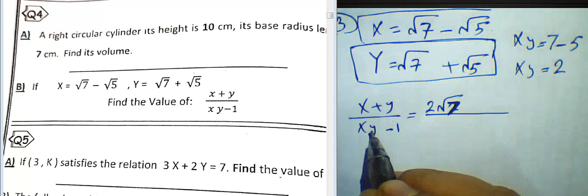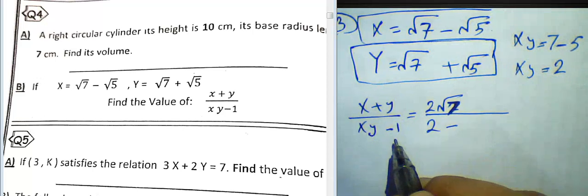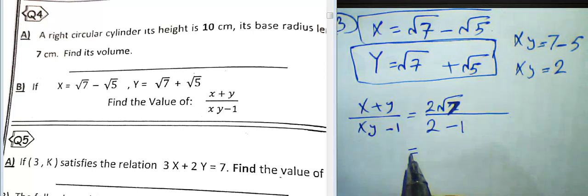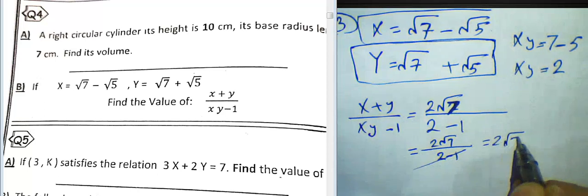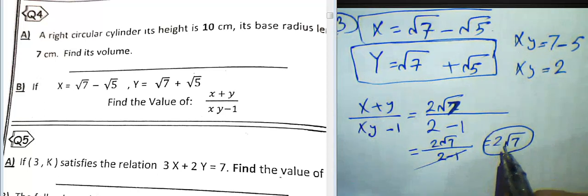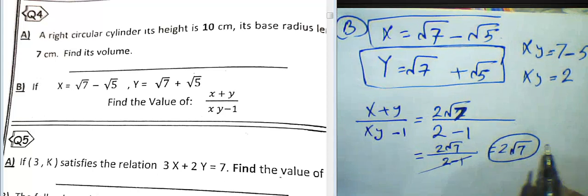So we can cancel xy here and write 2, and then write negative 1 here. So the result will be 2 root 7 over 2 minus 1. 2 minus 1 equals 1. So the result will be 2 root 7. Okay, that is the result of this example.